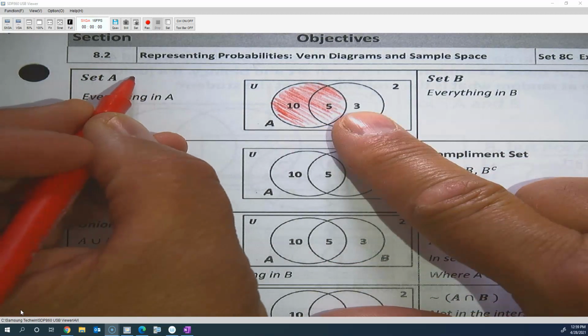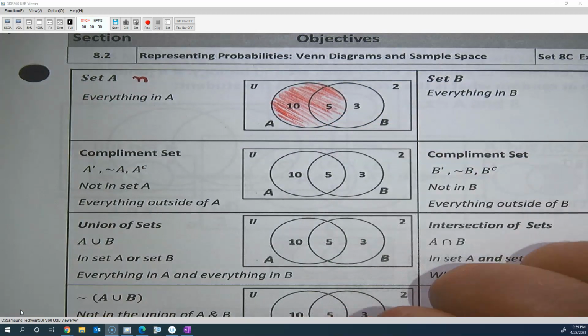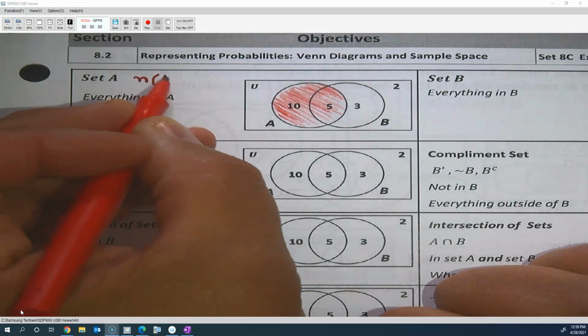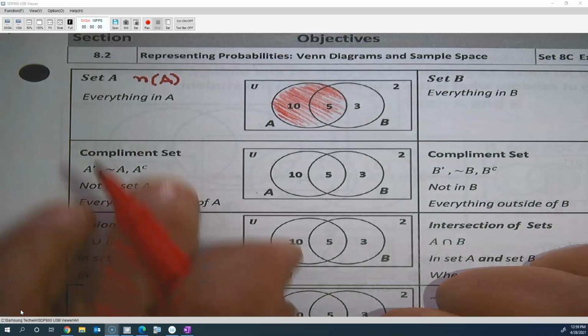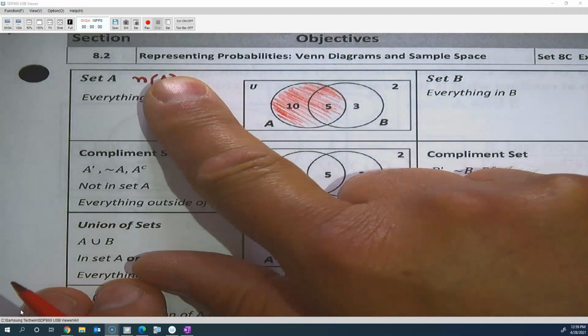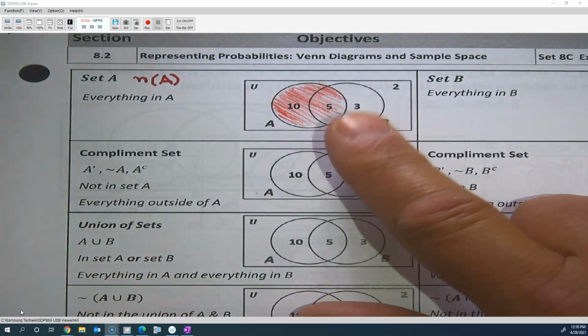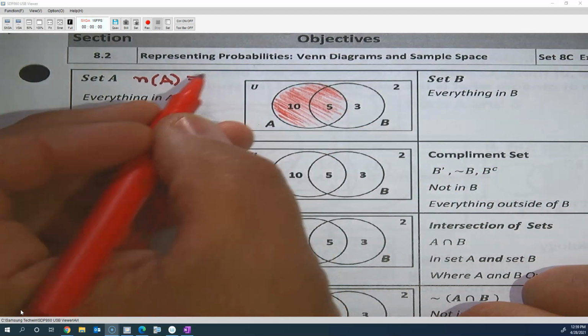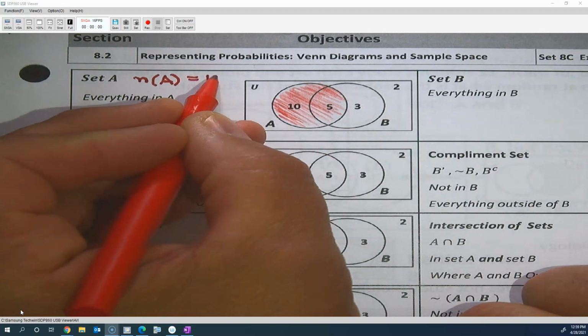This is how you'll see it written. You'll see a little N, and then a parenthesis or brackets, something like that. And that just means what's the number, not the value of the number, how many items are inside of that circle. In this case, there would be 15.